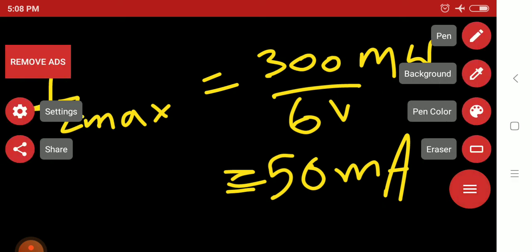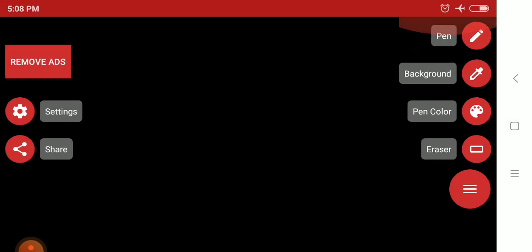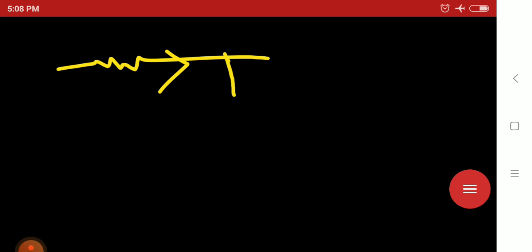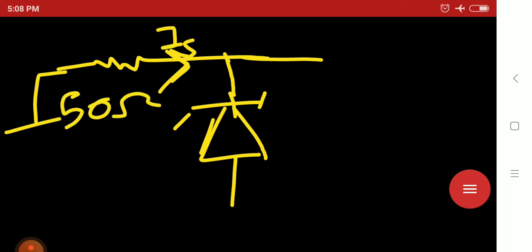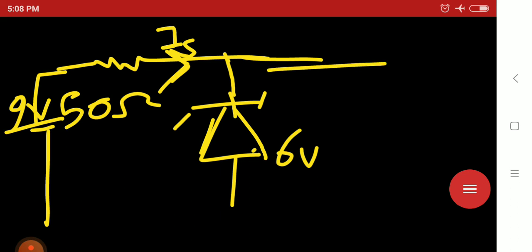Now coming to the circuit portion. Here it is the Zener, and here it is the work of KCL. The input current is coming from here. Here a 50 ohm resistance is there, a 9 volt battery is there, a 6 volt Zener diode is there, and the load RL is there.